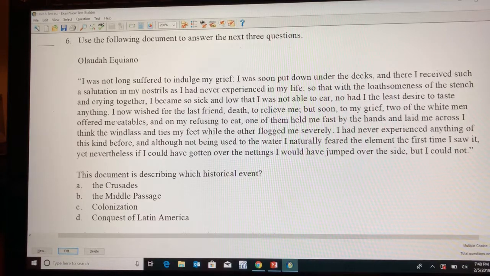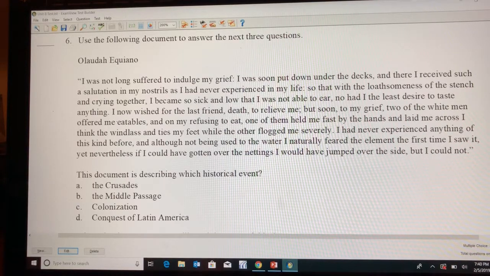And although not being used to the water, I naturally feared the element for the first time when I saw it. Yet nevertheless, I could have gotten over the nettings and would have jumped over the side, but I could not. So, okay, so this guy, he's looking over the boat and he's saying, well, I hadn't seen water before, but I think I could take it.